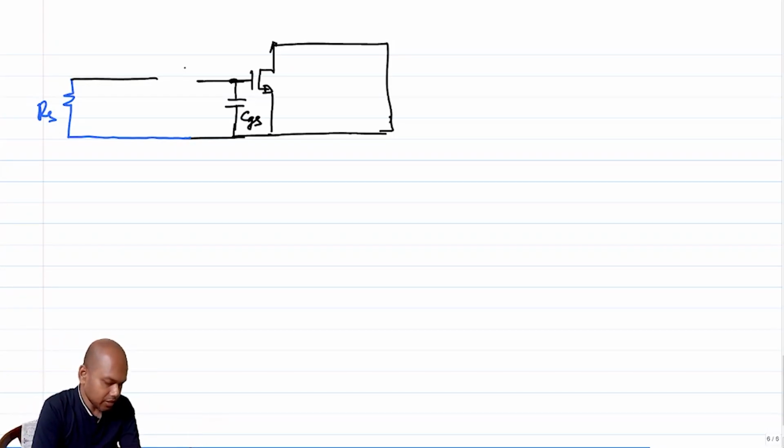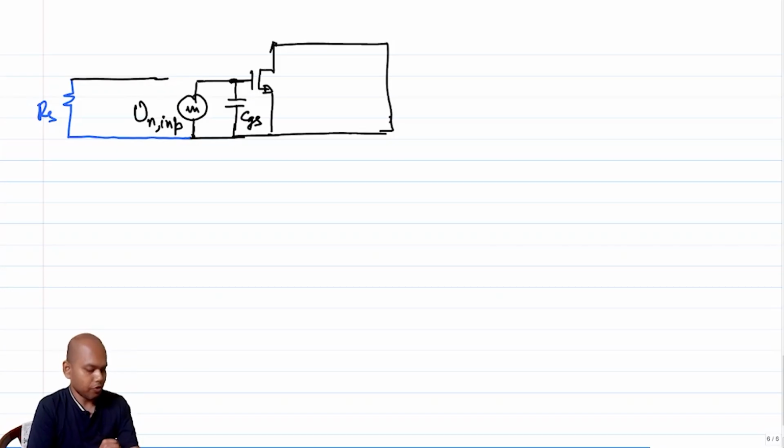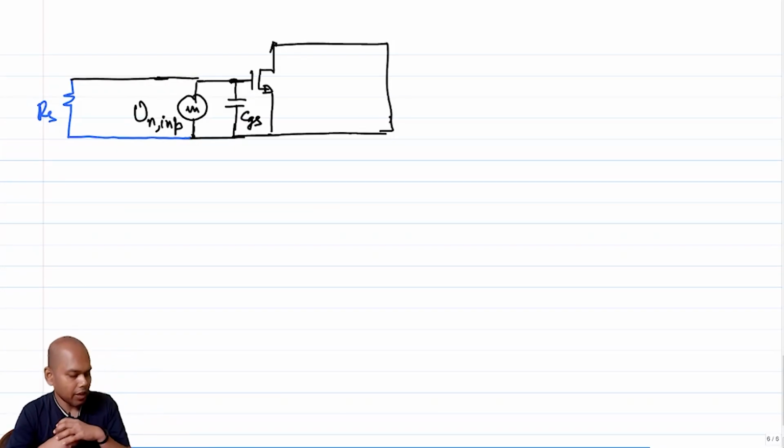So if I replace this with a noiseless transistor and, by the way, can I replace this with, let's say, a voltage source Vn in, that is the input referred voltage source. If I do this, what do I get?